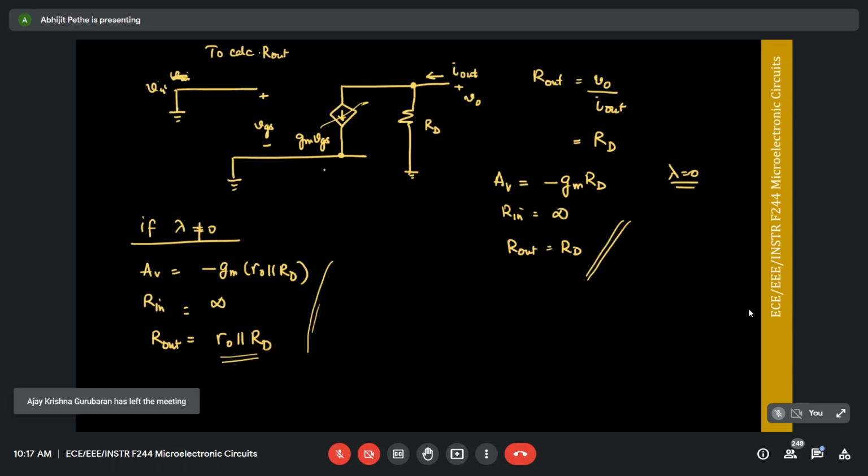Any questions so far? Okay. Let's think a little bit about this configuration again and see, can we do something better than what we've done so far?